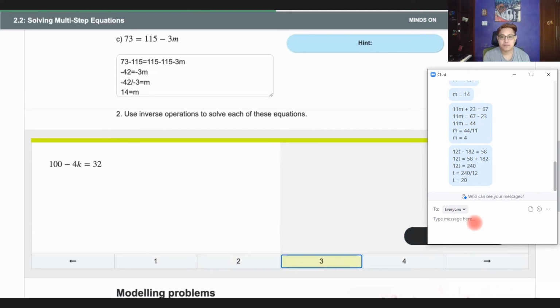And then we have, try to move 4k, minus 4k to the right, isn't it?